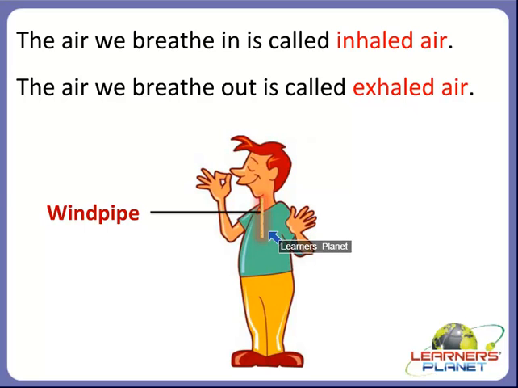Right? We will see one picture in which lungs are shown. Correct? So this inhaled air reaches the lungs and then the air we breathe out is called exhaled air.